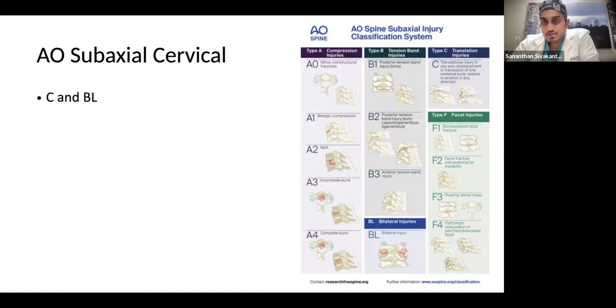There are also C-type injuries and BL injuries, BL being bilateral lateral mass injuries, and C-type being translational and obviously highly destabilizing injuries.